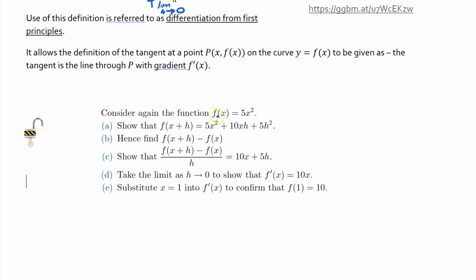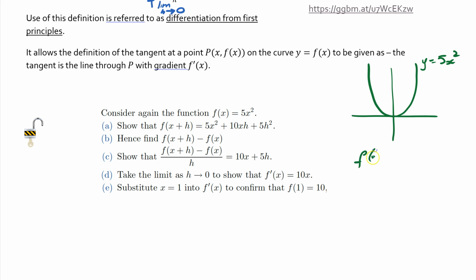So let's consider this function, 5x squared. Now we know what that is. It's just a parabola passing through the origin, so vertex at the origin, and it's fairly steep-sided, or narrow if you like. So let's find f of x plus h.